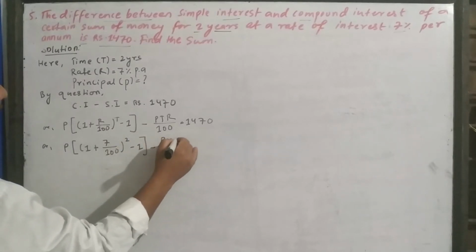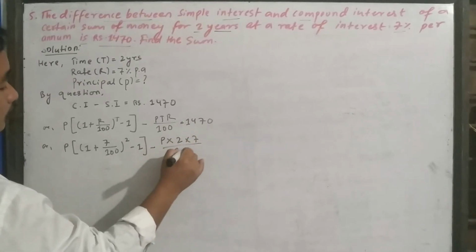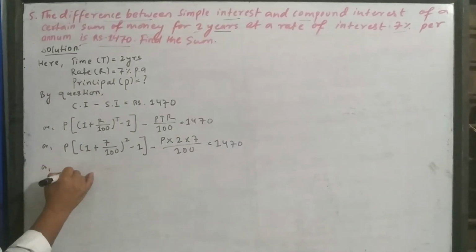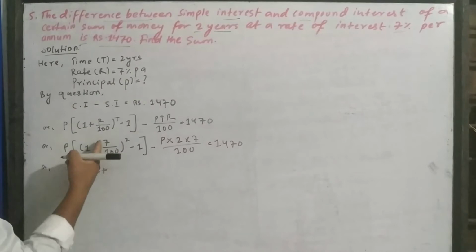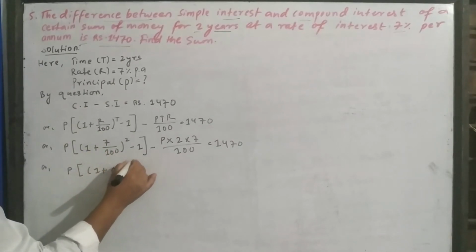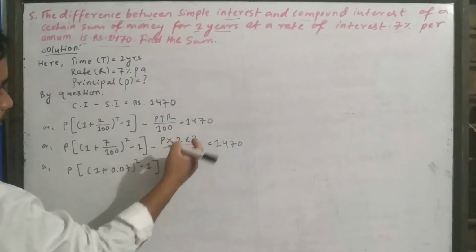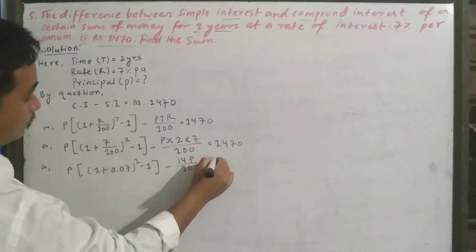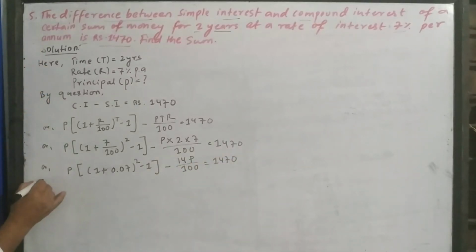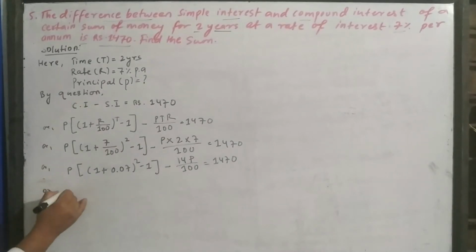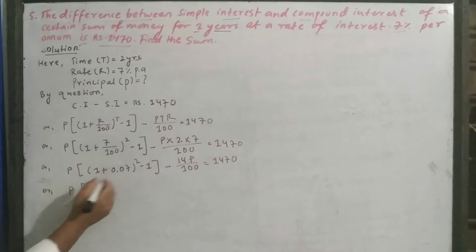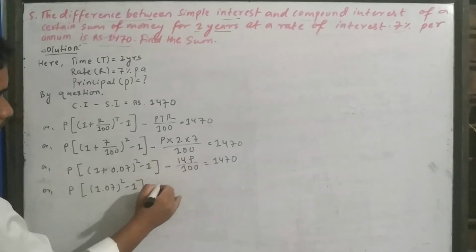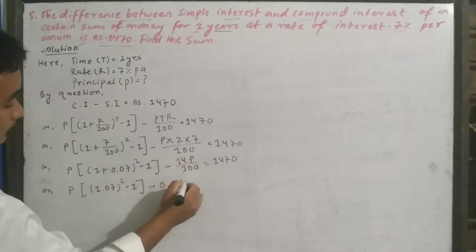We don't know p, t is 2, r is 7 divided by 100, equals to 1470, or p into 1 plus 7 divided by 100 is 0.07, this one minus 1, minus 7 twos are 14, 14 p divided by 100, is equal to 1470, or p into 1 plus 0.07 is 1.07 whole square minus 1, minus 14 divided by 100 becomes 0.14 p equals to 1470.